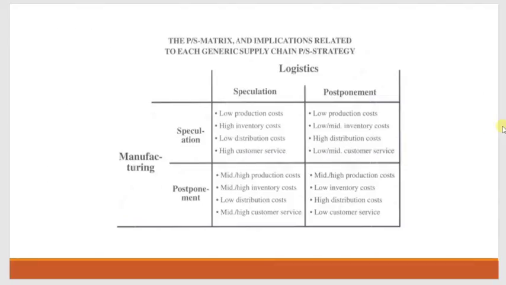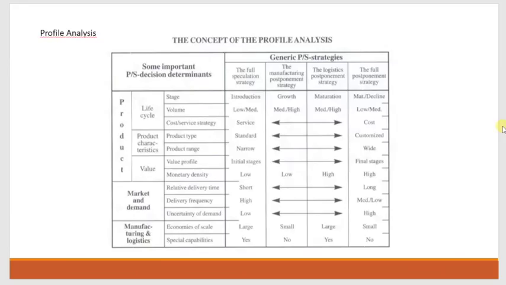Even though this matrix shows clear-cut pros and cons, the four generic strategies should not be perceived as fixed strategies, because very often companies use hybrids instead. To ease the selection of the most applicable strategy for manufacturing and logistic managers, the profile analysis can be conducted.